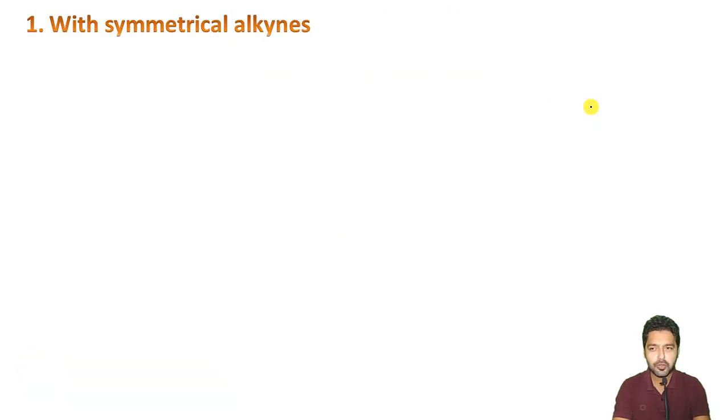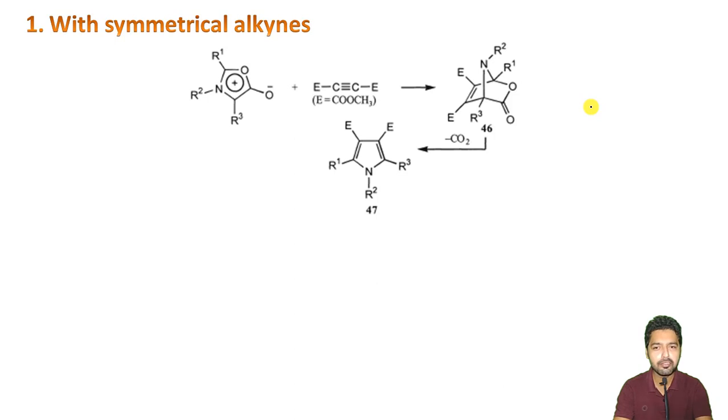The first one you can see here is the reaction of these mesoionics with symmetrical type of alkyne molecules, right? So here you can see this is my 1,3-oxazolium 5-olate mesoionic molecule.